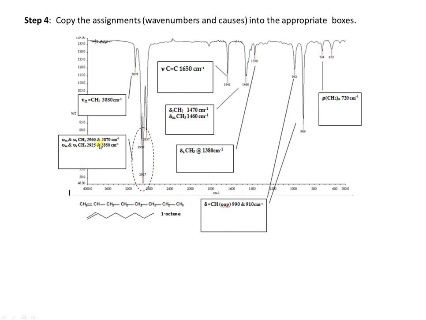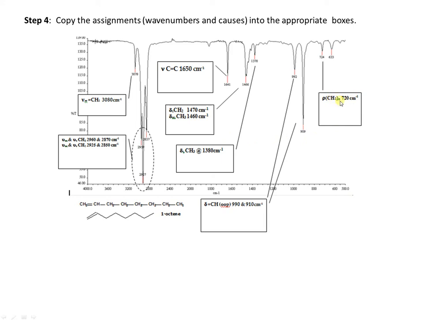Again, we have our standard methyl and methylene groups just below 3000. The 1460, 1470 for methylene and methyl bends, and we have the 1380 methyl group stretch. So all those are the same, and even we have the methylene rocking at 720.